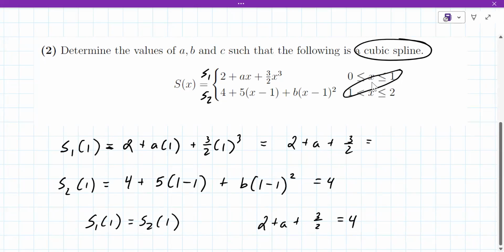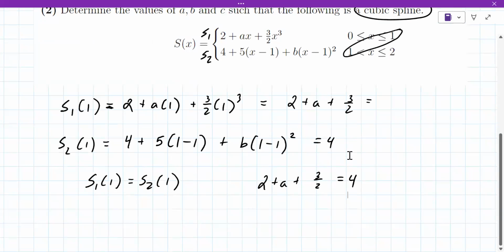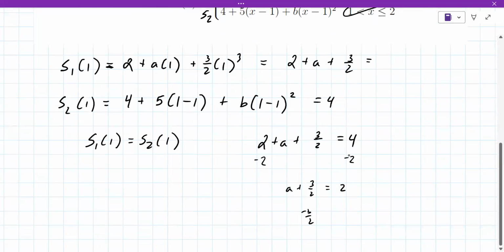There was a homework problem where it was from -1 to 0, and 0 to 1, where you would use 0 then. But this allows you to solve for A. So you subtract 2, A plus 3 halves equals 2, subtract 3 halves, A equals 1 half.